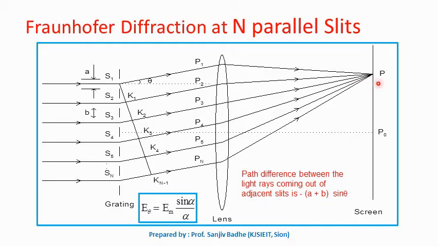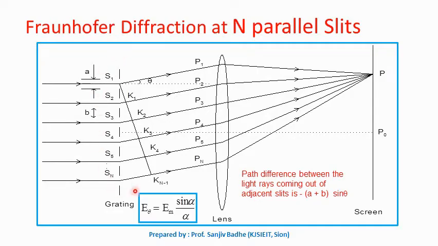To find the resultant amplitude at point P, we will follow the same approach as we did in the single slit and double slit cases. There, we drew the phasor diagram in which each wave is represented by a vector. The length of the vector is the amplitude of the wave, and the angle between the vectors is the phase difference between the waves.